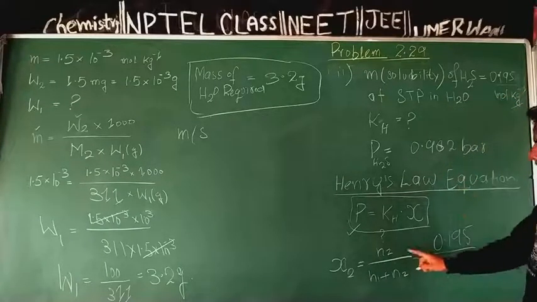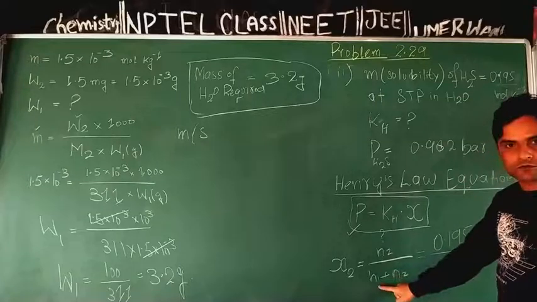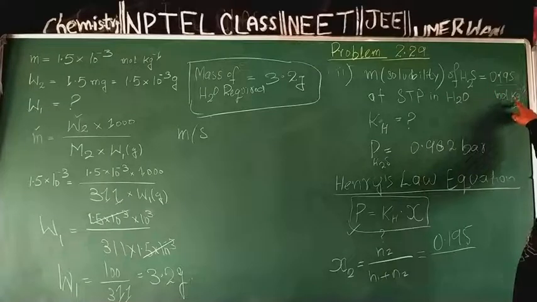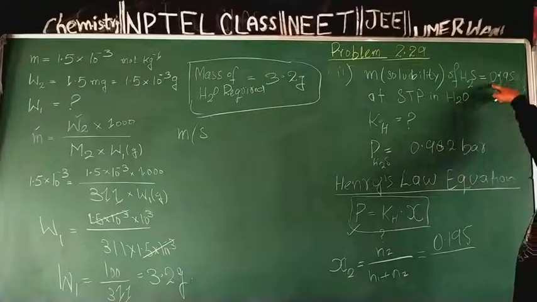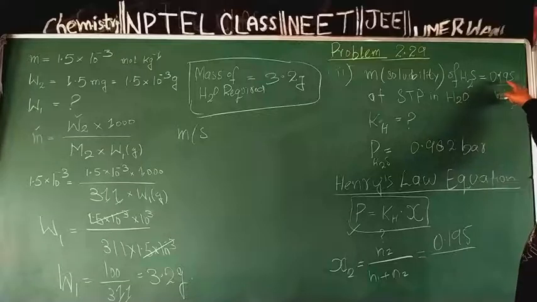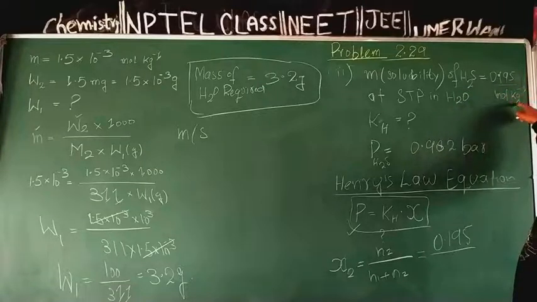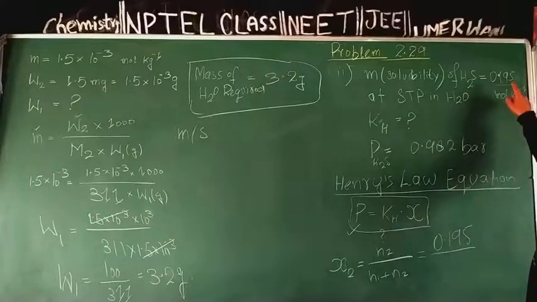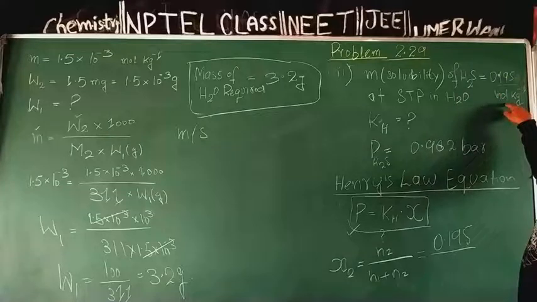Molality means number of moles of solute in 1 kg of solvent. Since molality is given, 0.195 mole per kg, moles of solute are 0.195. Now I have to calculate moles of solvent. That too I will determine from the definition of molality.